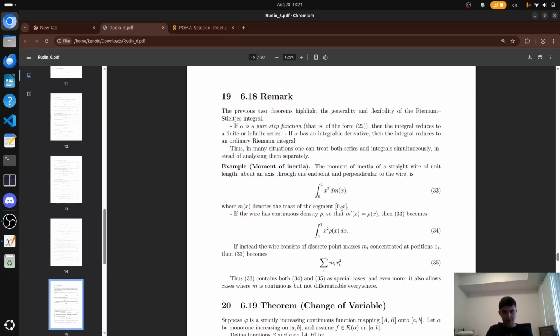Now, the interesting thing is that we can talk about moments of inertia too, because the moment of inertia is actually the integral of x squared times the derivative of the mass. It's basically the resistance of a material, if you think about it physically.